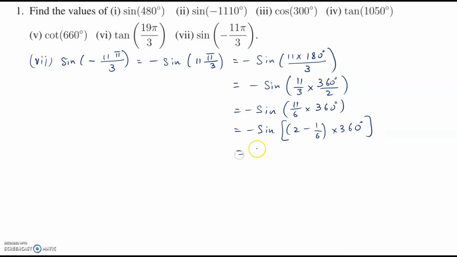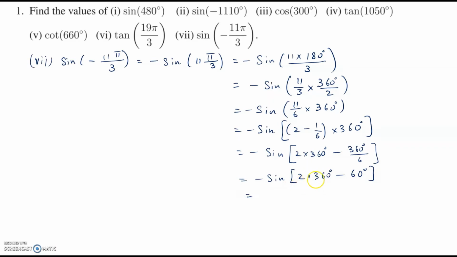So this will become minus sine of 2 times 360 degrees minus 360 degrees divided by 6. So this can be rewritten as minus sine of 2 times 360 degrees minus 60 degrees.